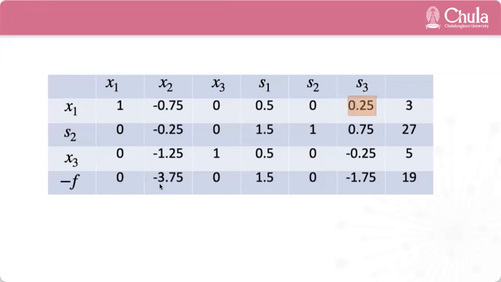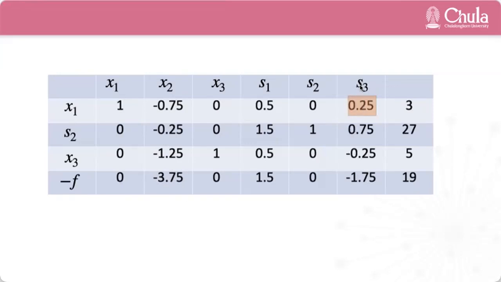From this table, you see that we have two columns which have negative coefficients, but we don't select this one, even though it is the most negative one, because all the coefficients are negative. So we select this column instead.